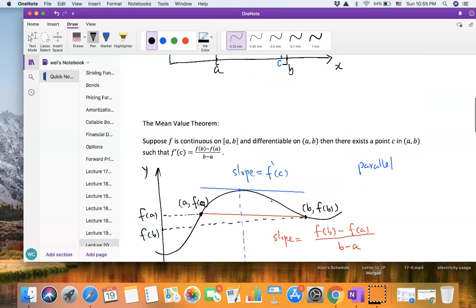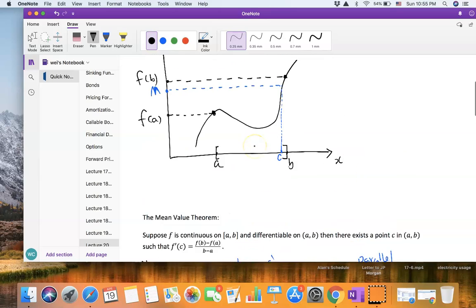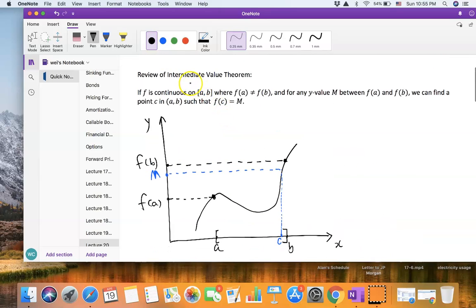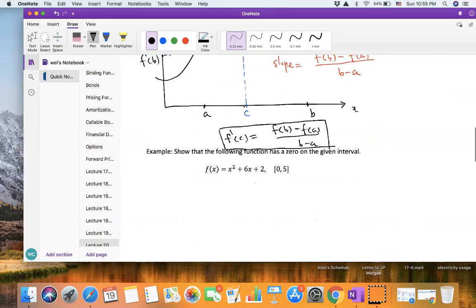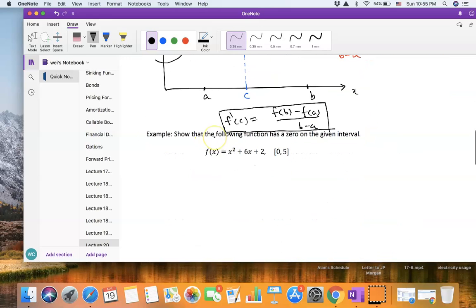So after I introduced what the mean value theorem is and reviewed the intermediate value theorem, now I would like you to think about which theorem we should use to solve this problem.